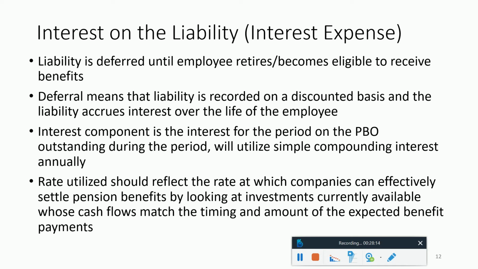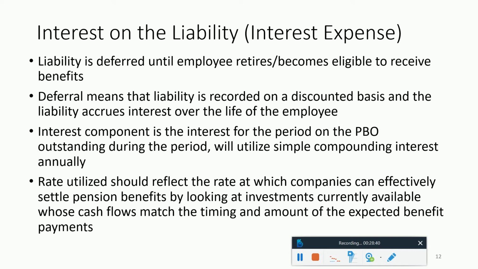The interest on the liability is the interest expense component of the pension expense. So we know that this liability has been deferred until the employee retires and becomes eligible to receive benefits. Because it's deferred, it means that the liability has been recorded on a discounted basis, and therefore the liability is going to accrue interest over the life of the employee.